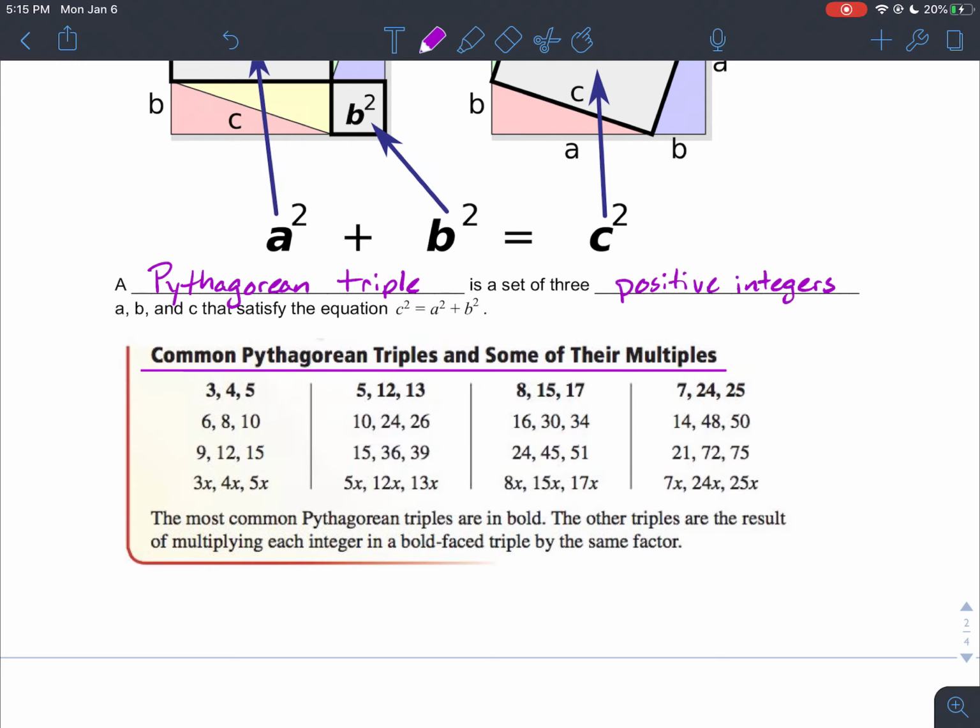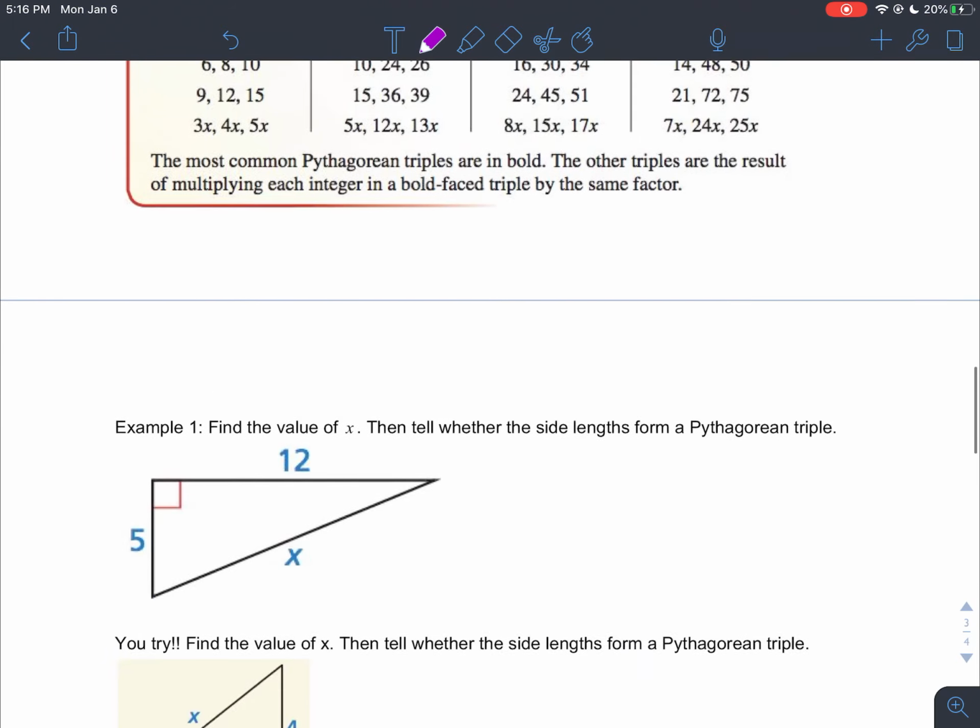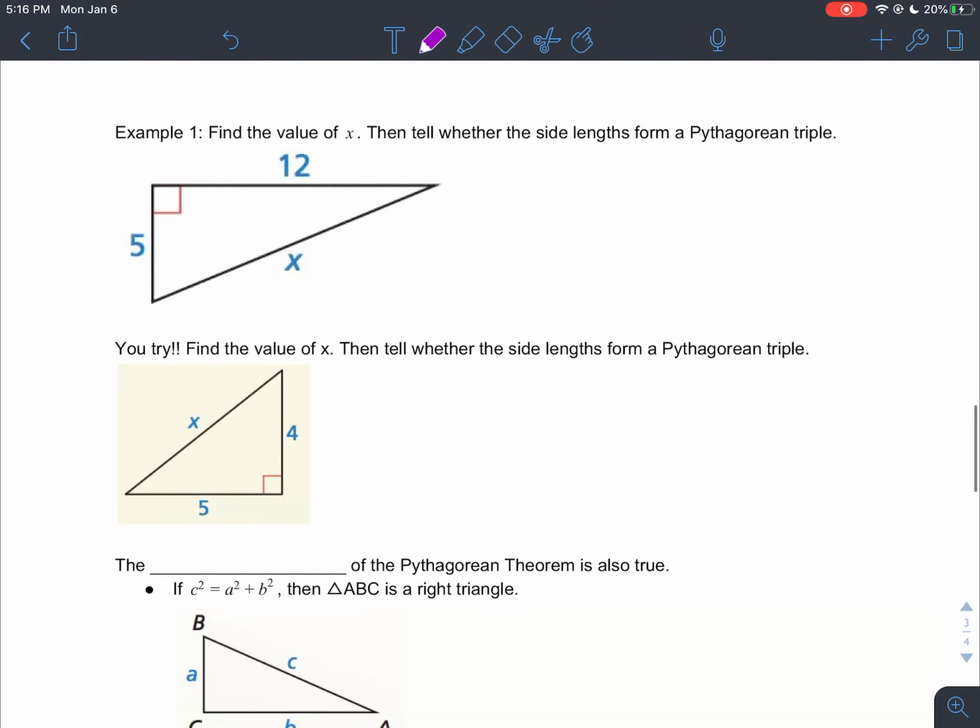You'll see those pretty often whenever we're trying to do something with the Pythagorean theorem and don't really want to deal with fractions or decimals. These are the numbers that we end up using as examples a lot. All right, so let's go on down to the next page, or flip on over, excuse me.